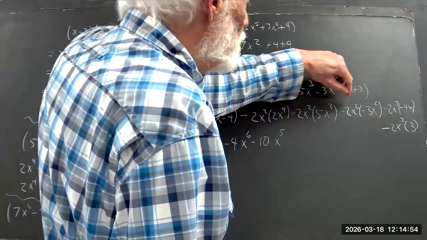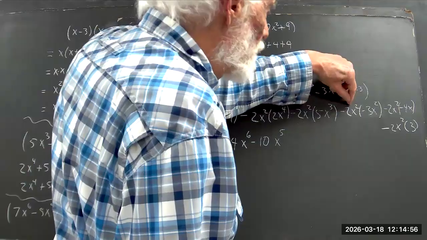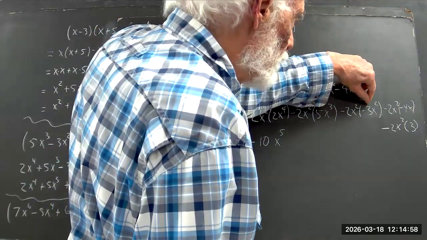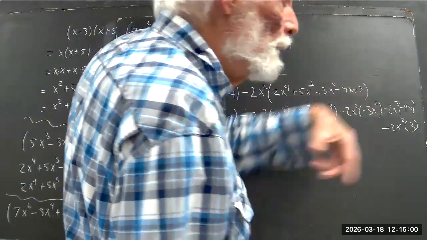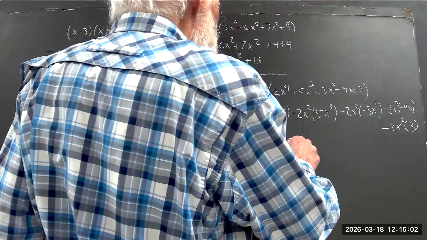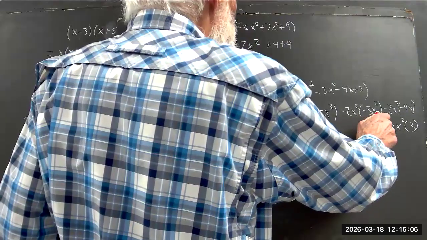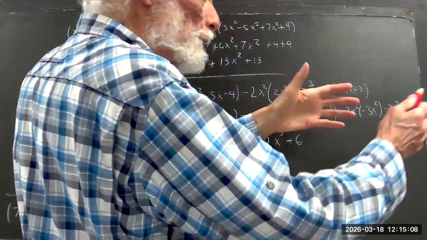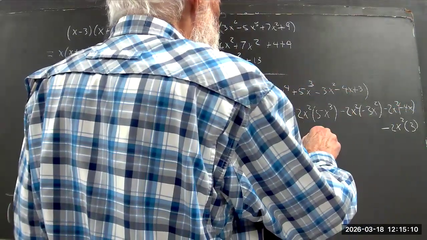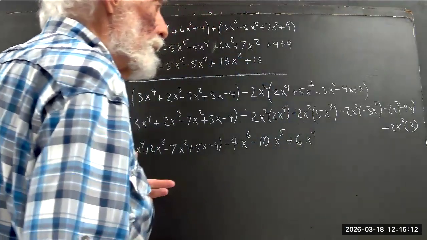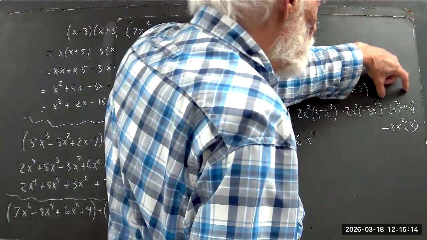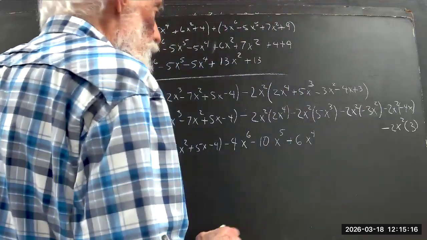Okay, so the next term is minus 2x squared times minus 3x squared. That's a minus times a minus, which is going to give us a plus. 2 times 3 is 6. X squared times x squared is x to the 2 plus 2, which is x to the 4th. Okay, then we have minus 2x squared times minus 4x.